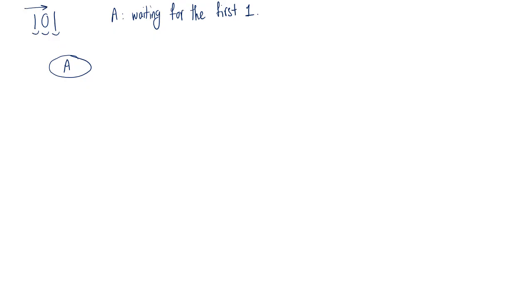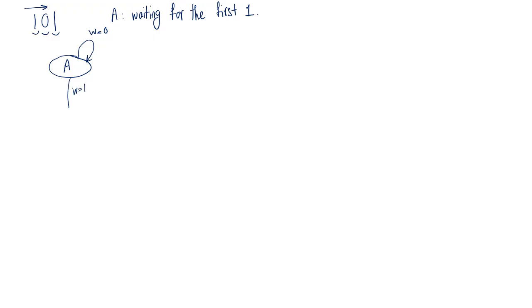So as long as I'm in this state, my output is 0, and as long as I'm getting W equal to 0, I'm going to stay in this state. So this state is similar to our 0, 0, 0 state, where I haven't really seen any 1s yet.